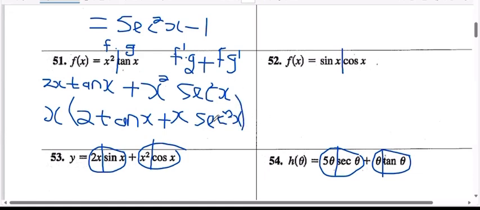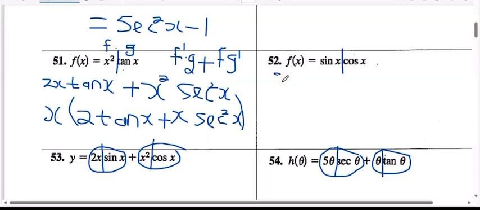You see that? And that is how to go about it. Let me rewrite it well for you, give me one second. So you're going to do the same thing here, using the same product rule.